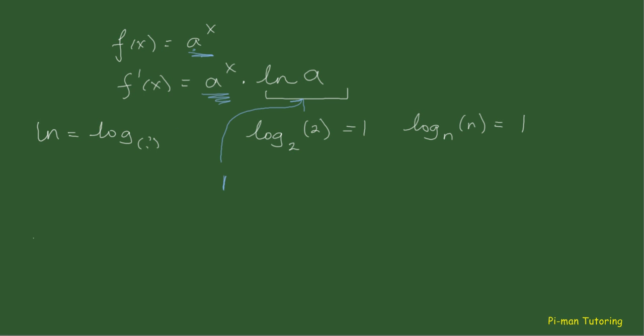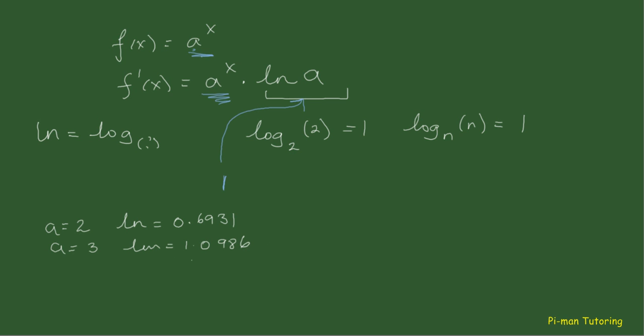Well, we found that if a is equal to 2, the natural log was 0.6931. If you put in a value of 3, you'll find that the natural log is 1.0986, something like that.